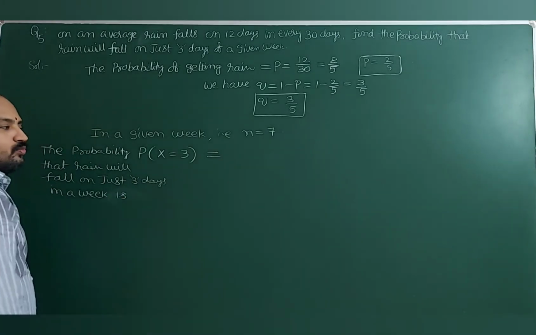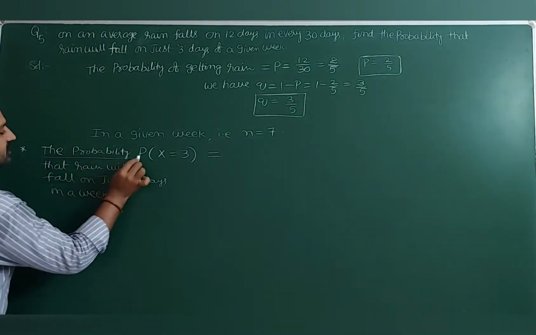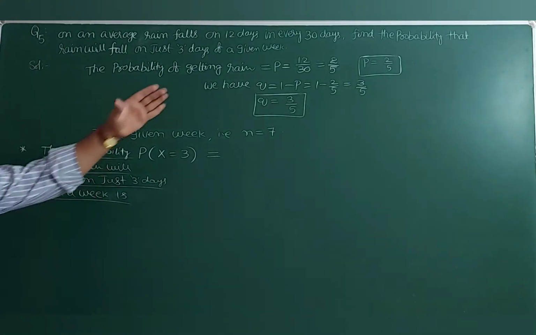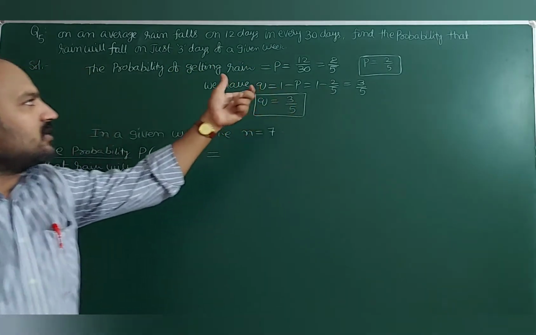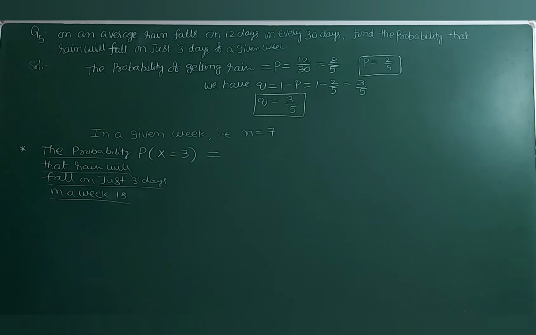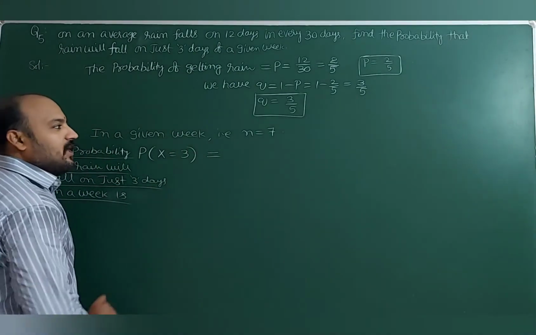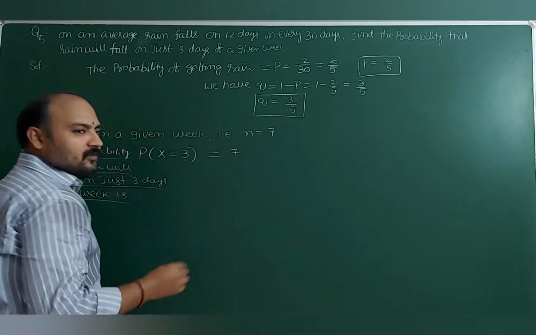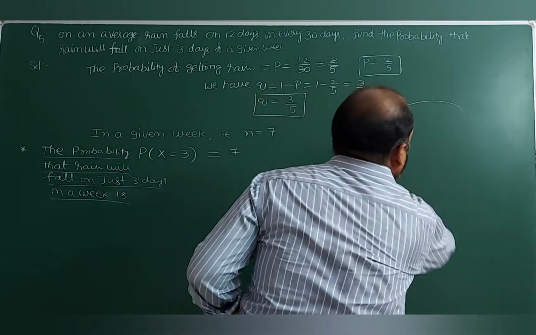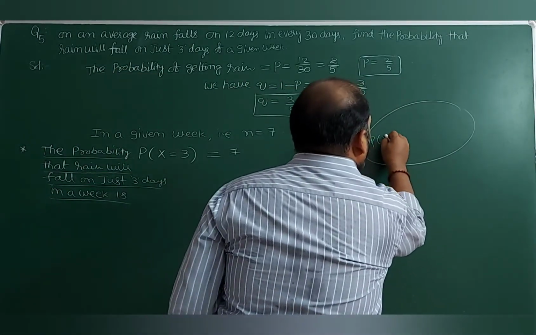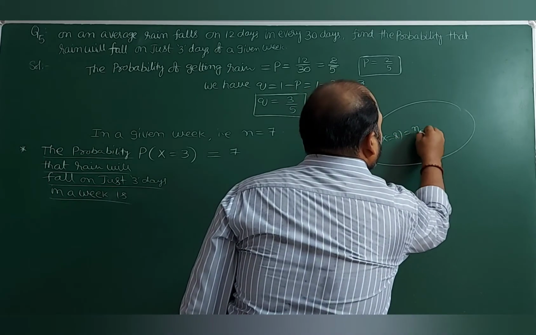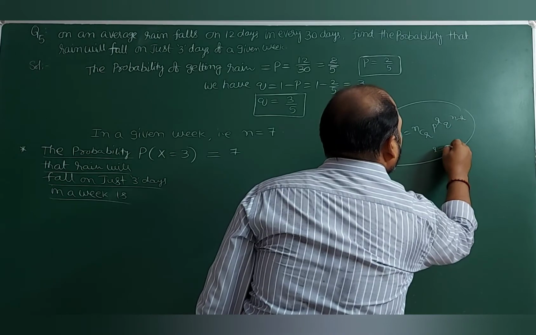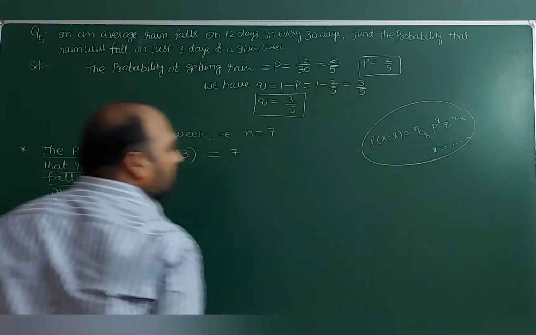No need to memorize the steps, whatever terms are there in the question, that only write it here, students. P of x is equal to 3 equals, so n is equal to 7. Again the probability function P of x is equal to r, nCr p power r, q power n minus r, r is equal to 0, 1, 2, 3 and so on to n.